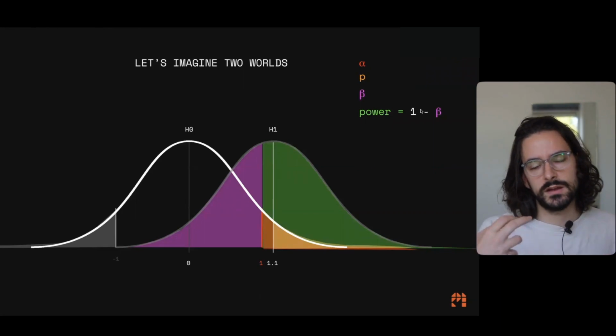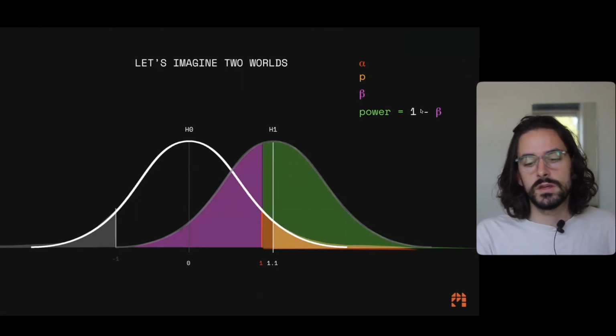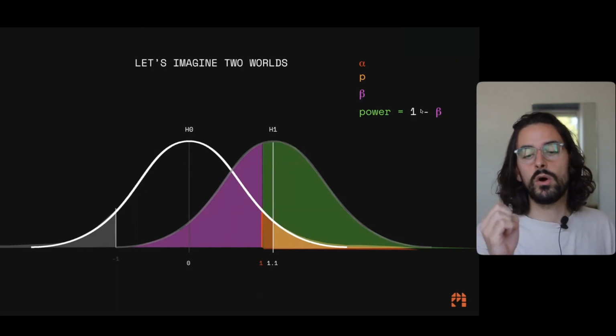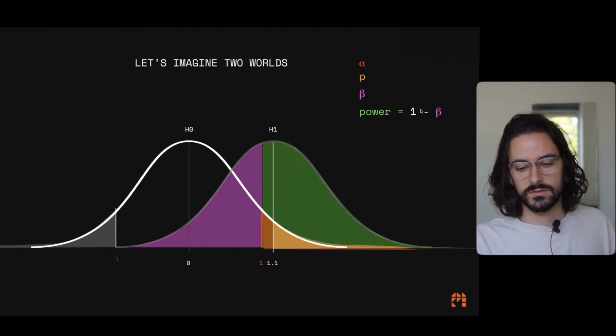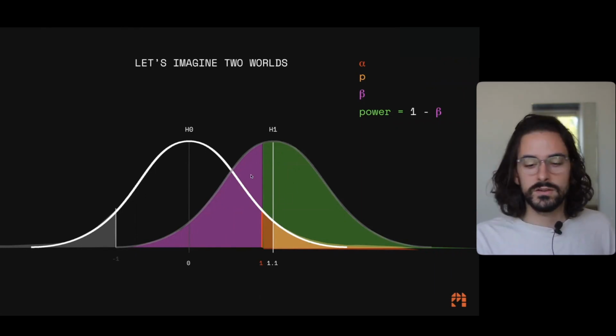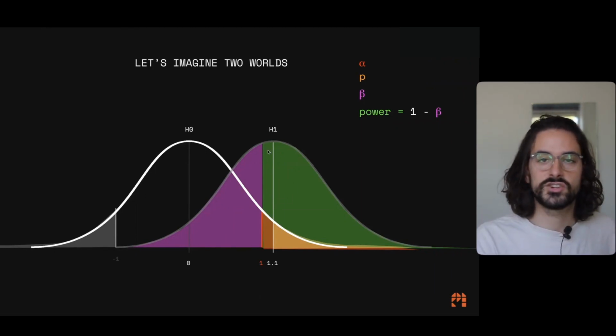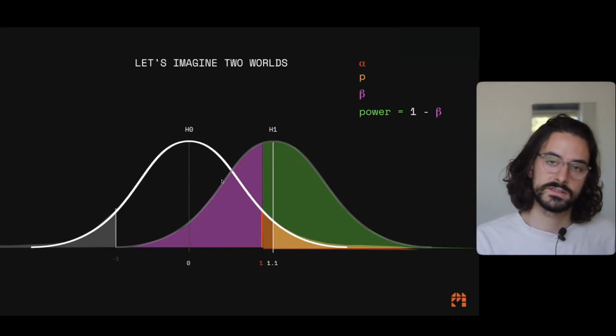It's an indicator of how well you know that you're catching all of the H1s, because here you're not catching all of the H1s. You're still missing some of the samples that fall in the H1 but are assigned to the H0.